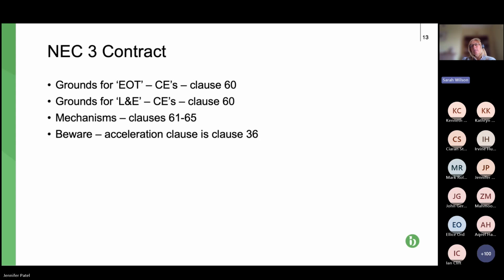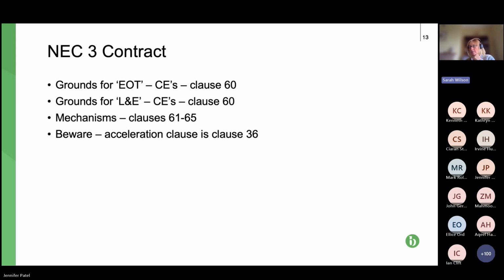In contrast, NEC 3 and 4, it's fairly simple. We've got grounds for the extension of time, put that in inverted commas, clause 60. Grounds for loss and expense, ditto. Grounds for extra money for extra work, ditto. So it's all there in clause 60. The mechanisms, clause 61 to 65.